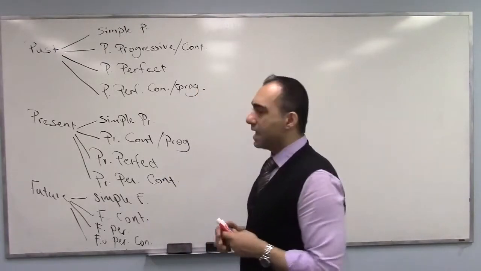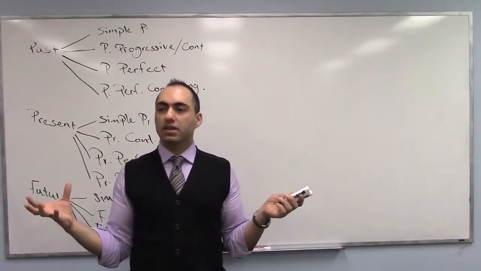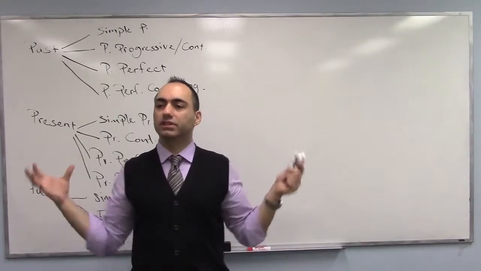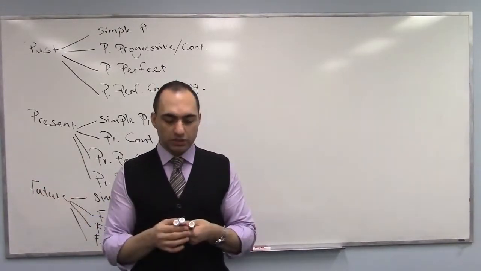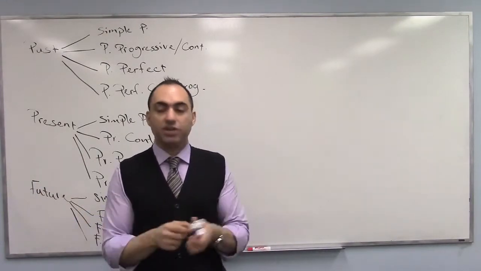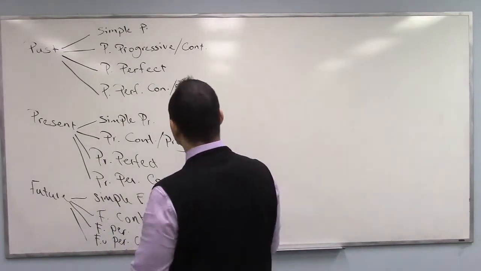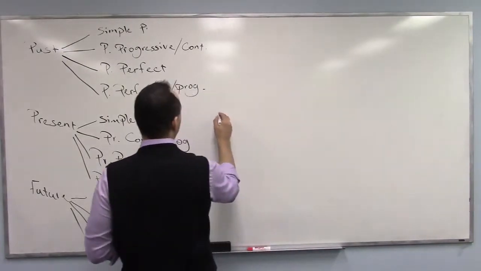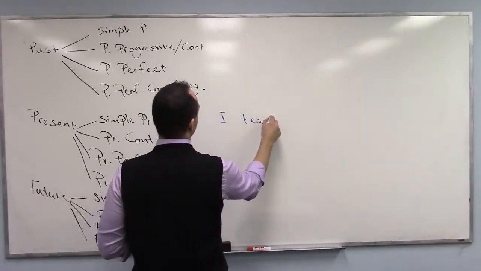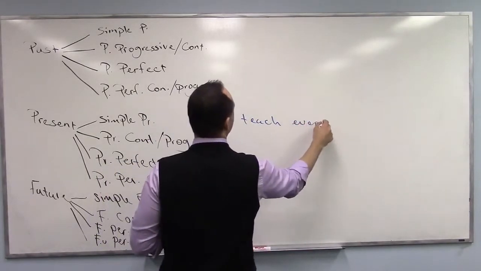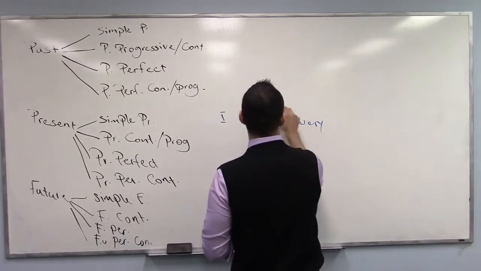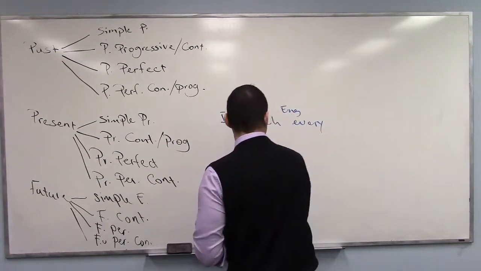Now, I want to give you one sentence in 12 different forms. So, I teach every day, right? So I'll start writing this. I teach every day. Where is it? It's a simple present, right? Yes. I teach English every day.